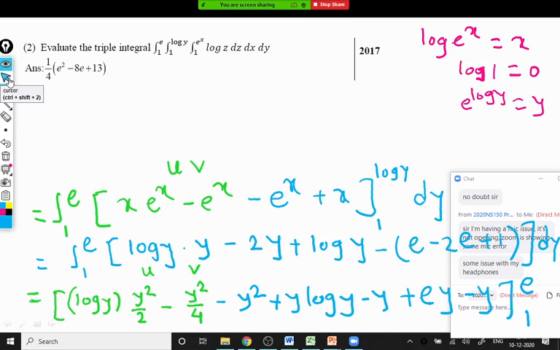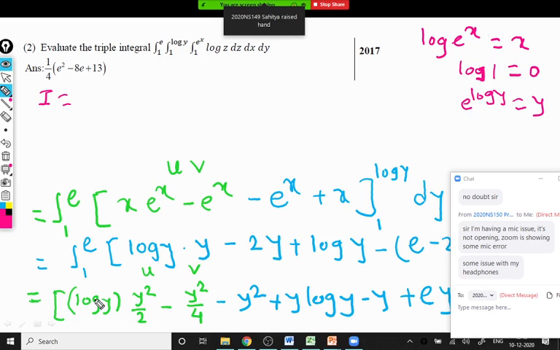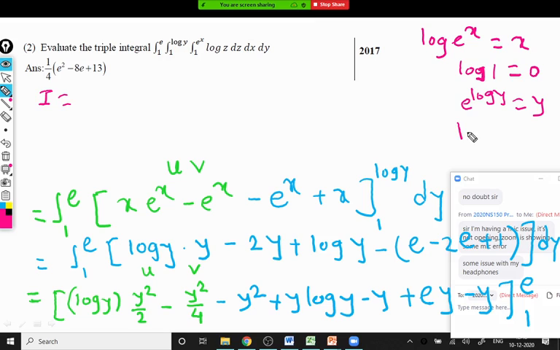Now let me replace the upper limit. Yes, replace this upper limit e. What will happen? Tell me here. Log e to the base e is 1, sir. Yes, very good. So that is one more thing we are going to use now. Log e is 1.